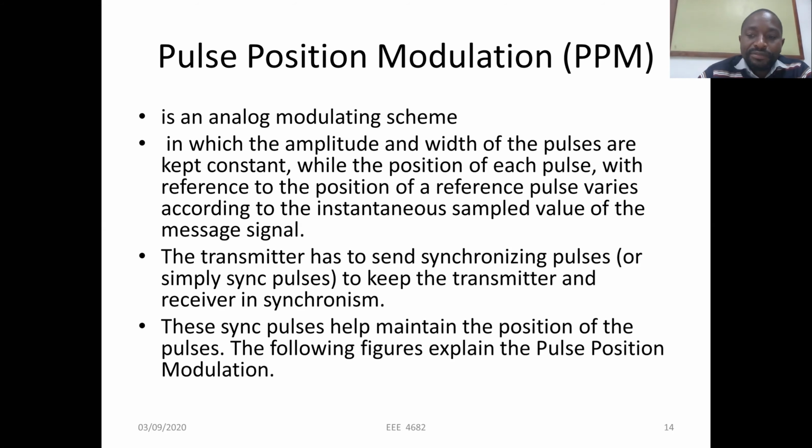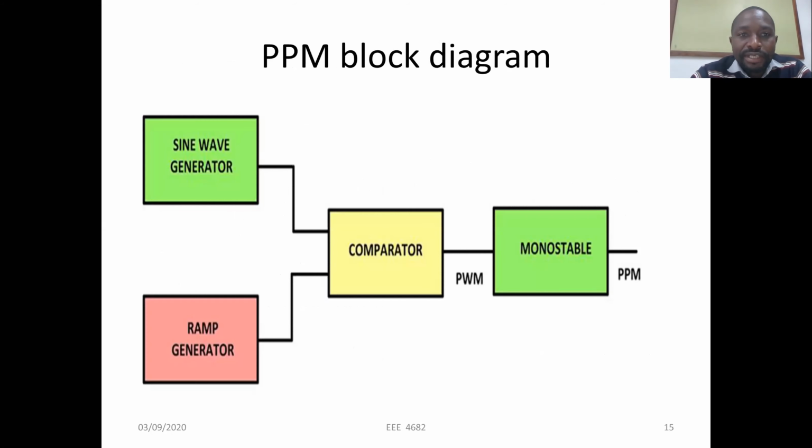And then in terms of the block diagram, you have the sine wave generator, just like we had in pulse width modulation. And you have the ramp generator, basically to generate a carrier. And the two are put in a pulse position modulator to generate the pulse width modulation, which is the first output here.